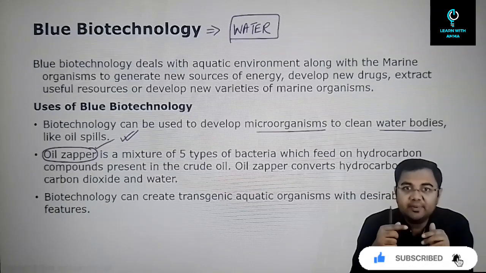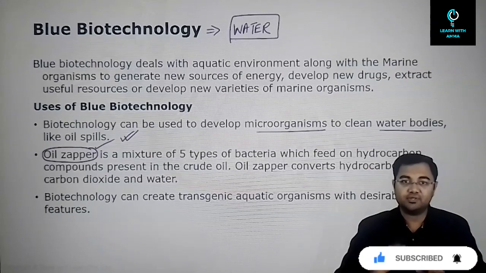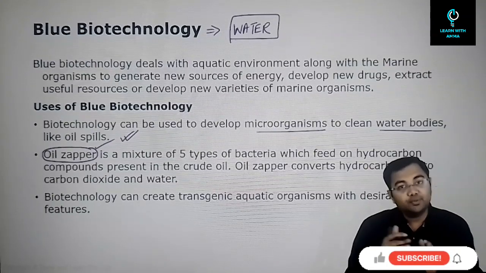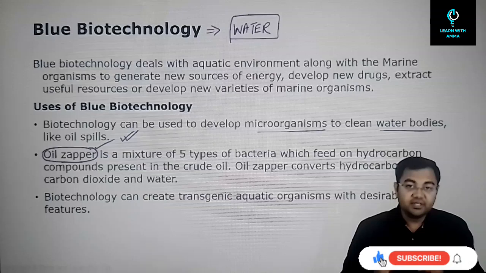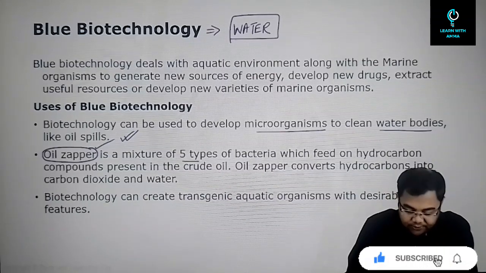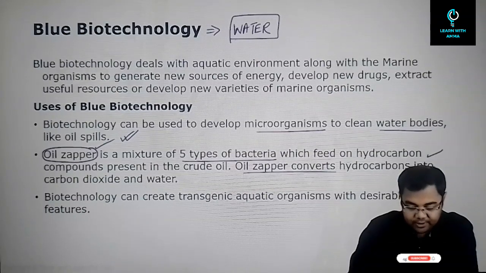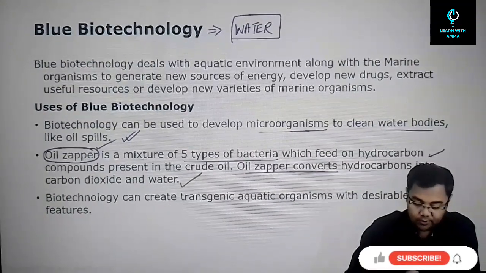So ultimately all this hydrocarbon that has spilled over the surface of the ocean or the sea is converted into carbon dioxide. So in this manner, oil spill can be contained with the help of oil zapper. So a mixture of 5 types of bacteria which feed on hydrocarbon compounds present in the crude oil. Oil zapper converts hydrocarbons into carbon dioxide and water.